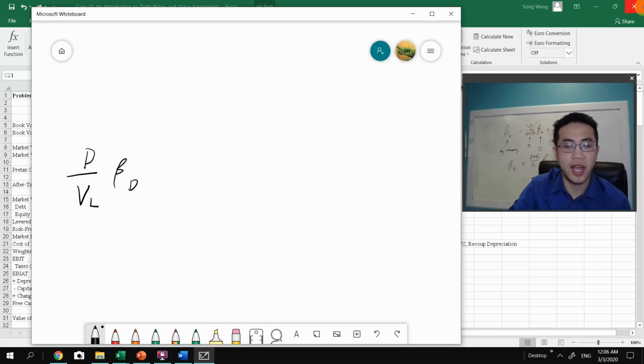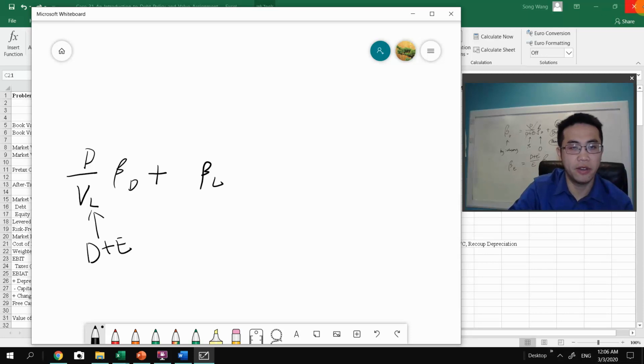If no tax is considered, this VL, value of levered firm, should just be debt plus equity. But here I'd rather keep it as value of levered firm. And then we use the beta of equity only, and the weight here is the value of equity divided by the value of a levered firm.